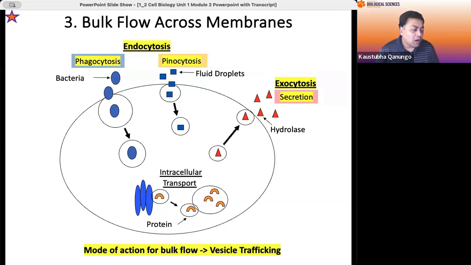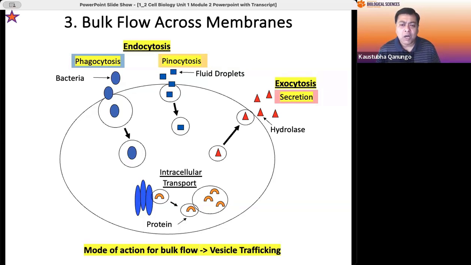Then there are very straightforward one-line questions. For example, how does a cell engulf a bacteria or a large particle? That is phagocytosis. How does the cell pick up a fluid? That's pinocytosis, also known as fluid phase endocytosis. And secretion is exocytosis.